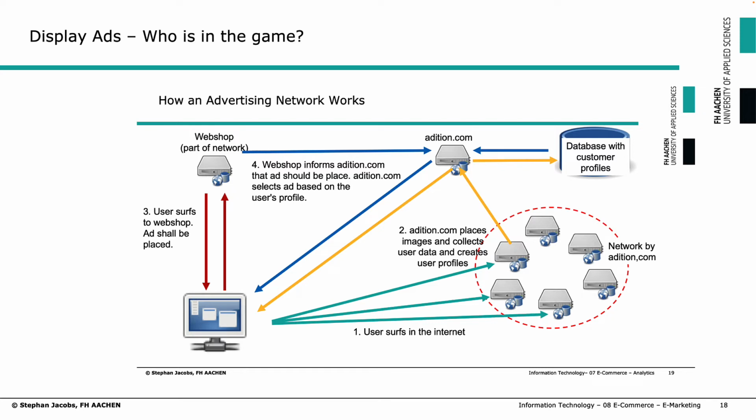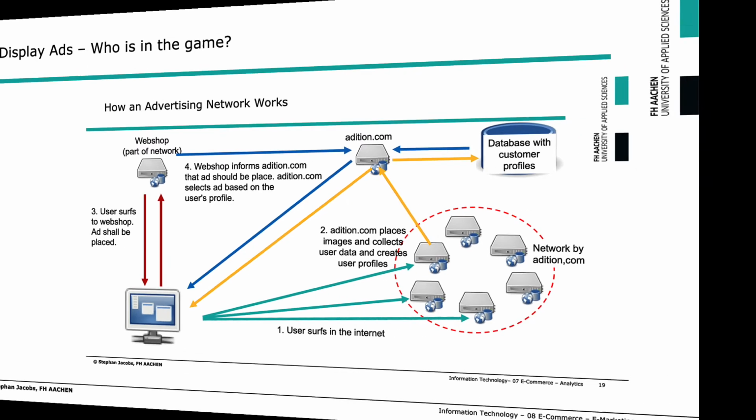And Yahoo then informs Edition.com, and Edition.com now knows, okay, you have a special profile, and based on this profile a certain ad is used which is then displayed, and hopefully this ad will fit your requirements and needs and wishes.